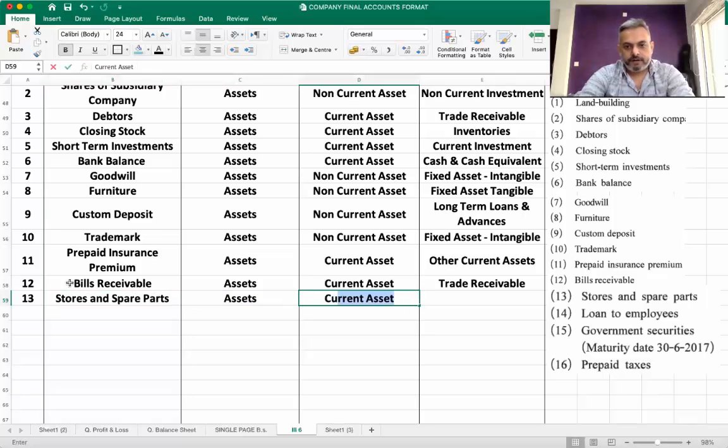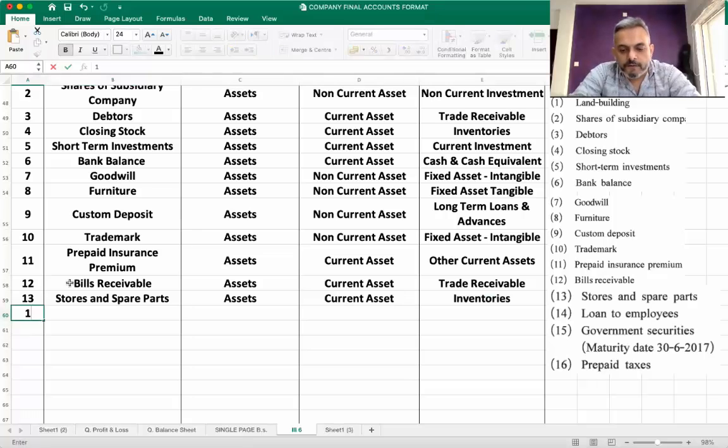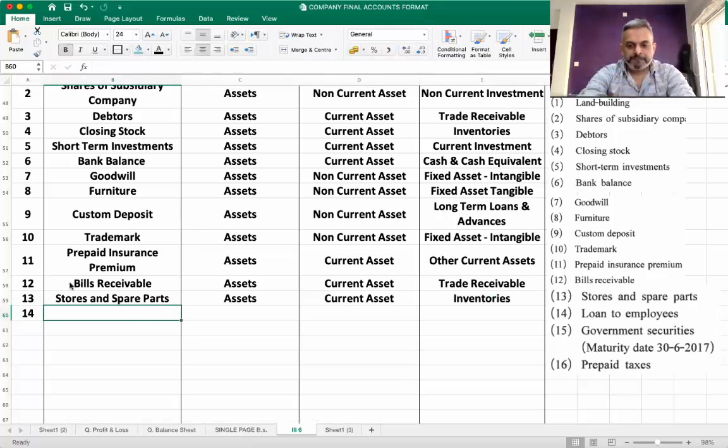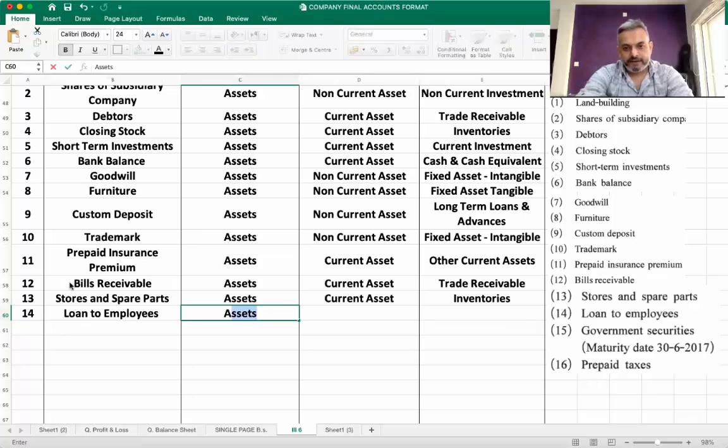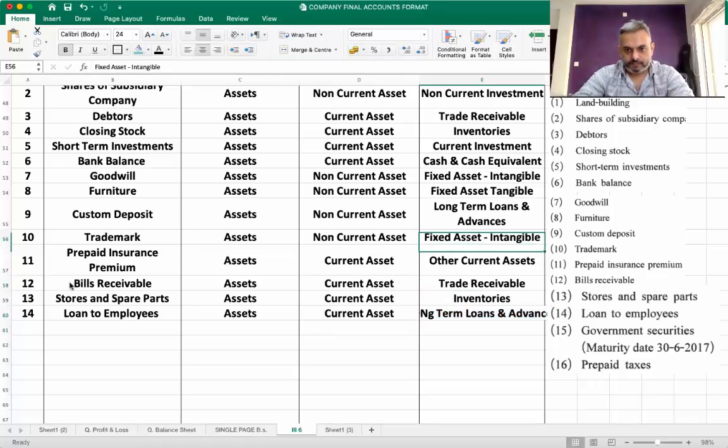Again, assets, current asset, inventories. It will form part of your inventories. 14, loan to employees. Asset, current asset, loan to employees generally is a long-term loan to employees. So long-term loans and advances.